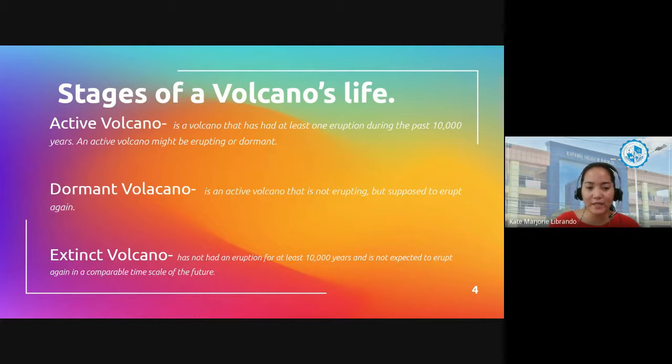A dormant volcano is an active volcano that is not erupting but is supposed to erupt again. The last one is the extinct volcano, which has not had an eruption for at least 10,000 years and is not expected to erupt again in a comparable time scale of the future.